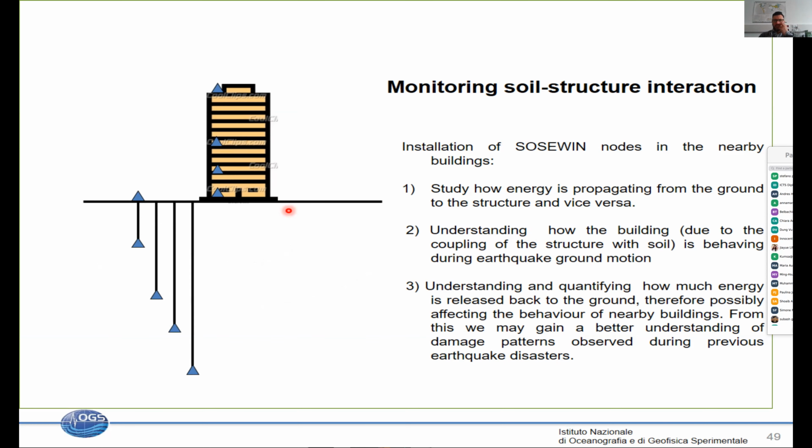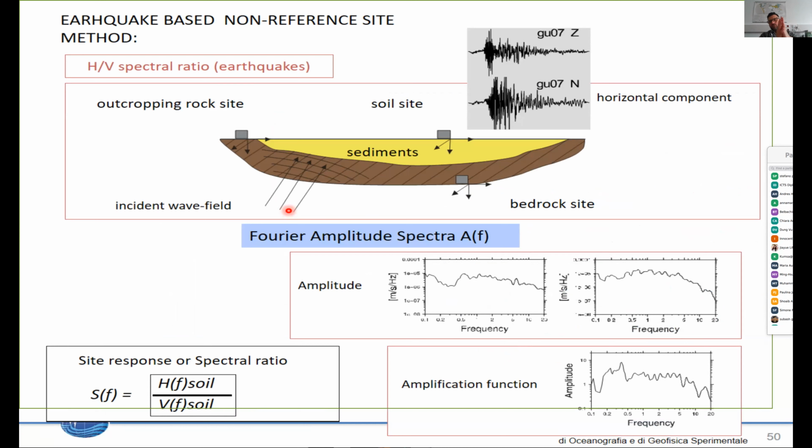Okay, I will shortly introduce something, and then we will go on tomorrow. So we have discussed mainly the earthquake-based reference site method. This method was using as a reference the recording, for example, on the outcrop. This means that it requires at least 2 stations, let's say. Or, as you have seen, when we have a network, we can also use quite a large number of stations.